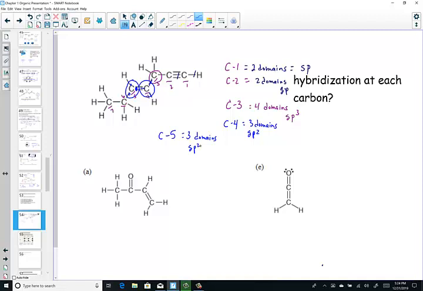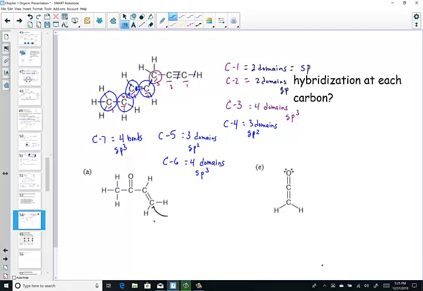Remember, even though it's a double bond, it's still 1 domain. Carbon 6. Carbon 6 has 4 single bonds, so that's 4 domains. That tells me that it's an sp3 hybridized carbon. And the last has 4 single bonds, telling me that 4 single bonds is 4 domains, so that's an sp3 hybridized carbon.